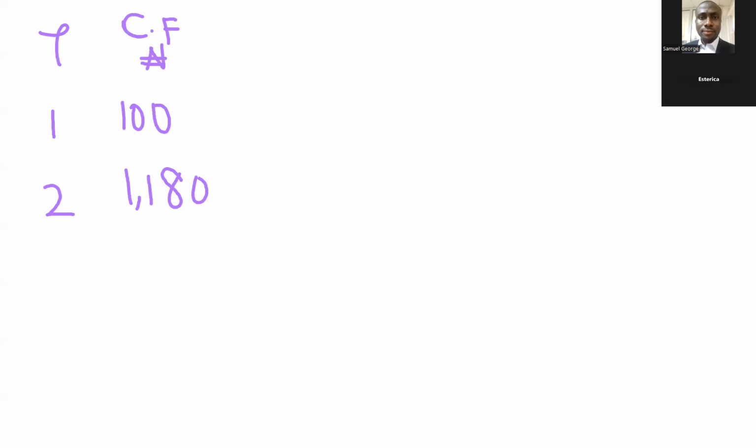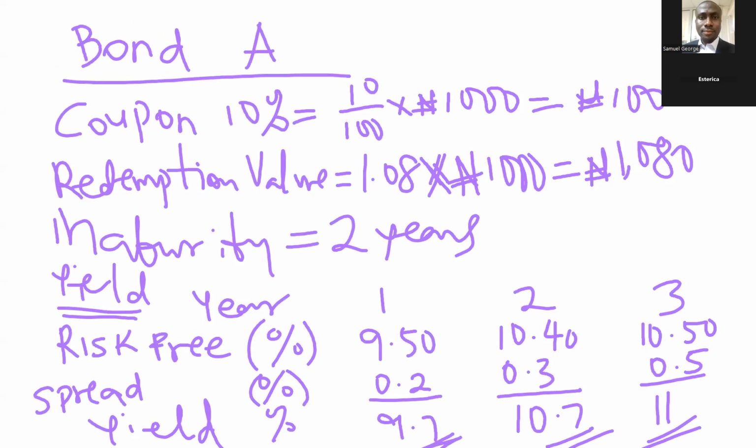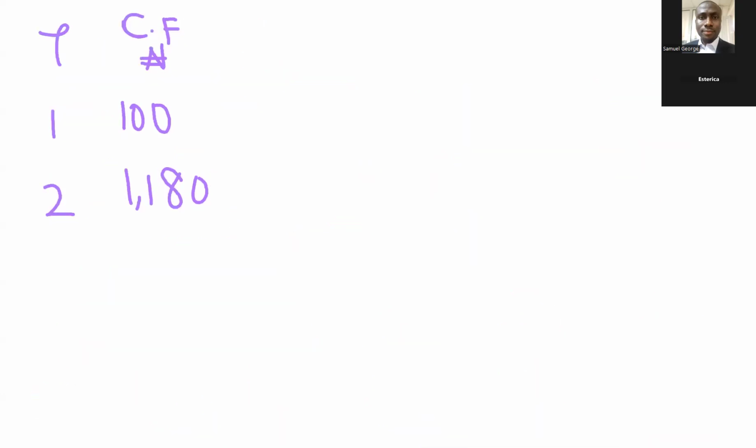The money that will be paid back to you is the 1,080 redemption value, and you also receive 100 in that year too. The total money received will be 1,180. Okay, the discount factor.